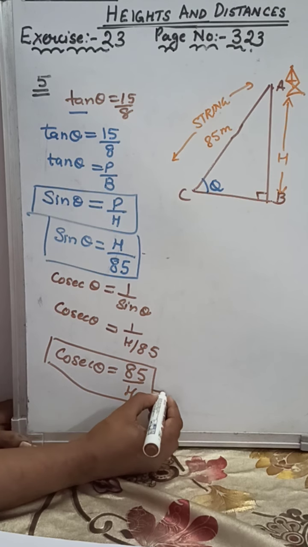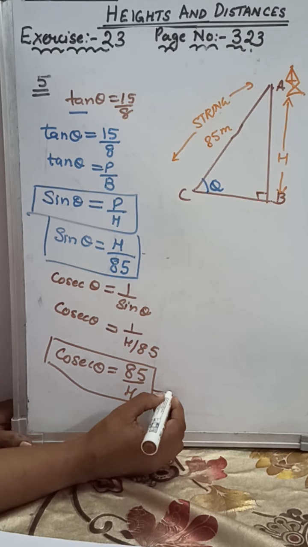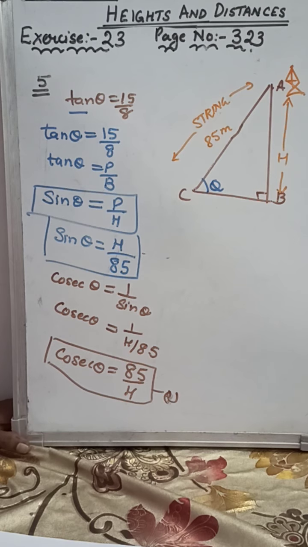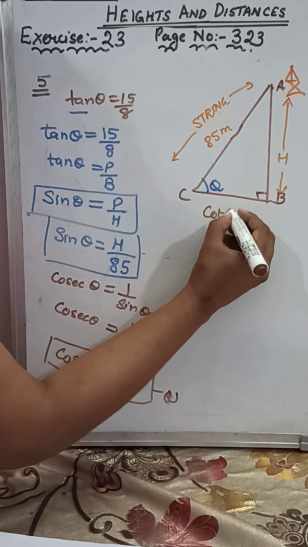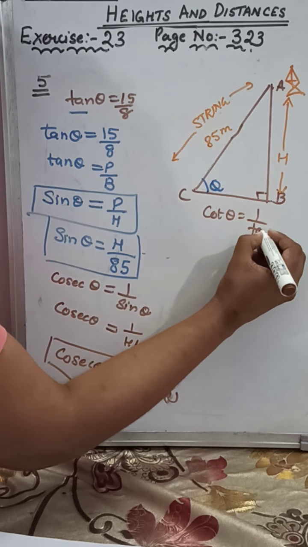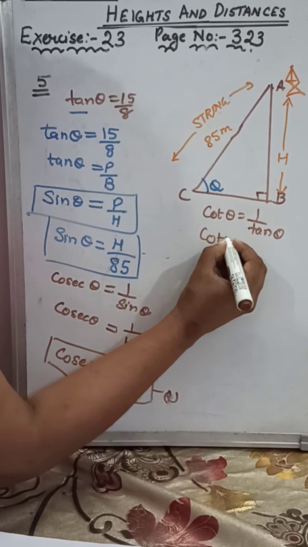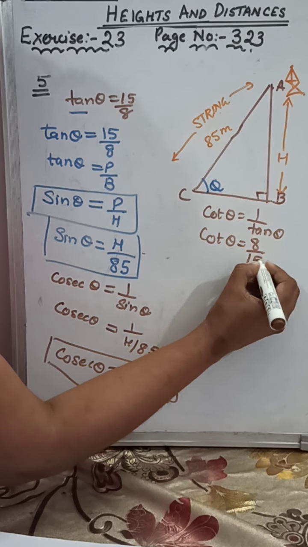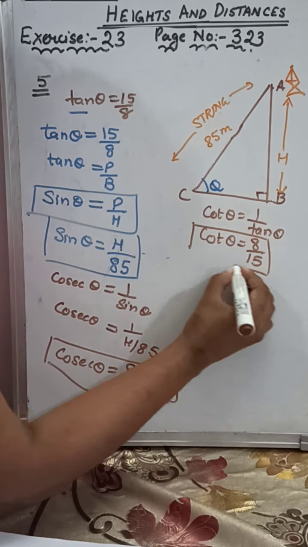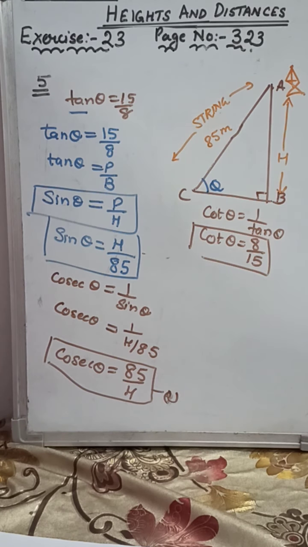Clear? For the time being, label it as equation number 1. Now, tan theta is given to us. Clear? So, the reciprocal of tan is cot. So, you will take out the value of cot theta. That will be equal to 8 upon 15, because tan is given to us as 15 upon 8.